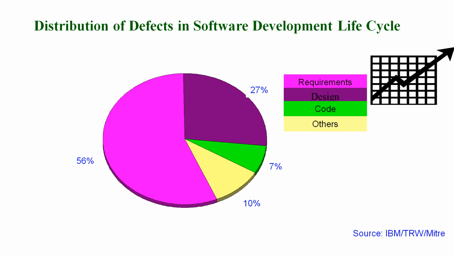Now, a defect is nothing but a bug. Who is responsible to find the defects? The software testing team is responsible to find the defects. Now here, in the requirement stage, there will be two documents: the business requirement specification document and the software requirement specification document.